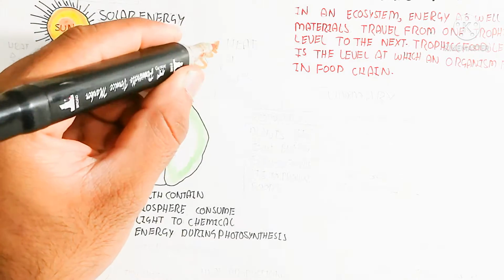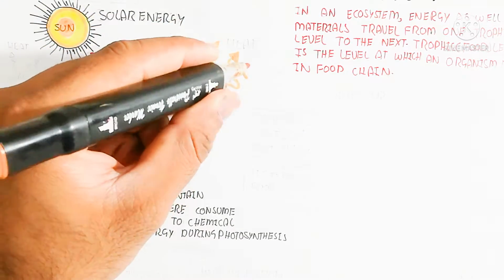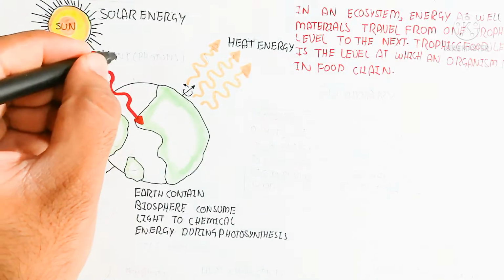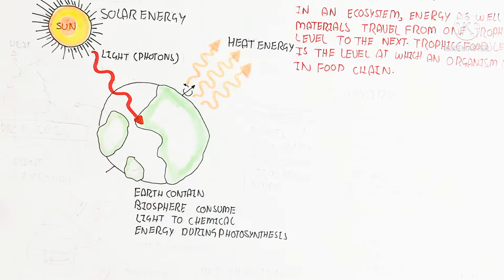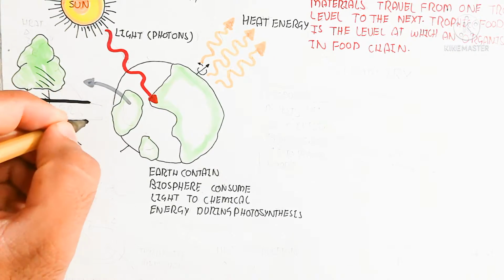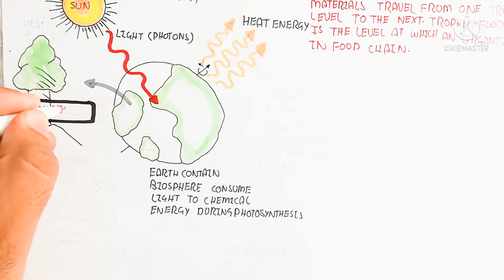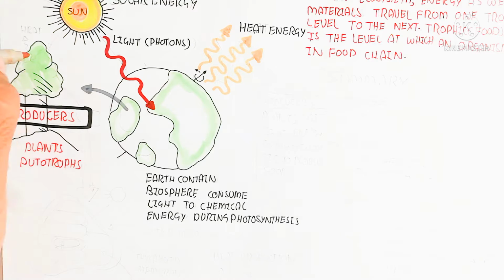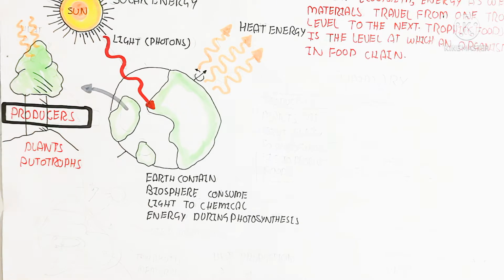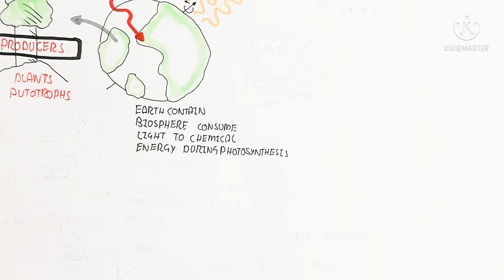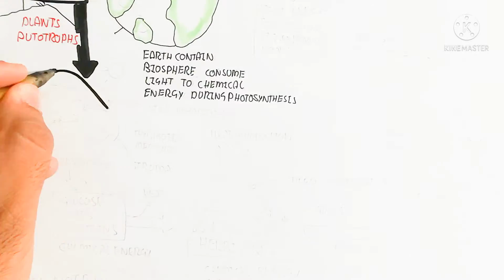The biosphere converts light to chemical energy during photosynthesis, while 99% will be emitted as heat energy. The producer consumes this light during photosynthesis.